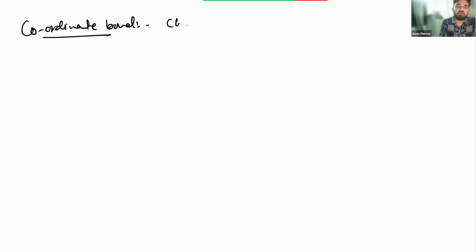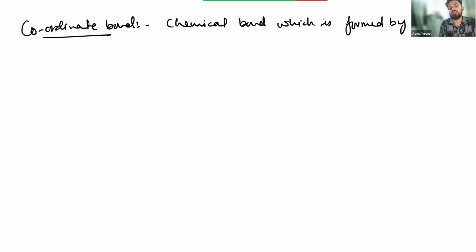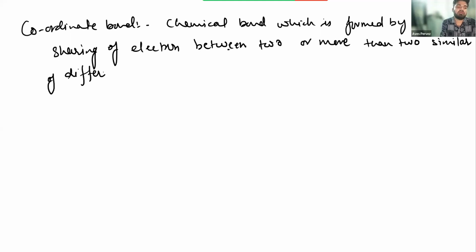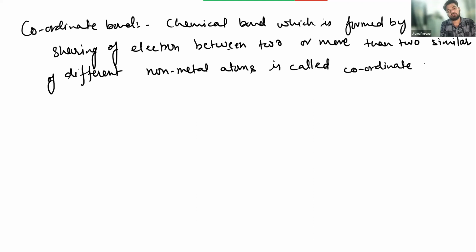Okay, we can say that the chemical bond which is formed by the unequal sharing of electrons between two or more than two similar or different non-metal atoms is called coordinate bond. Please note it down.